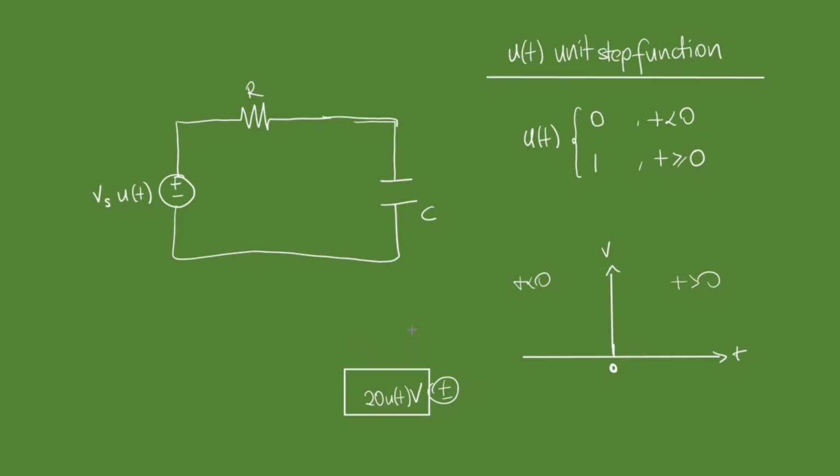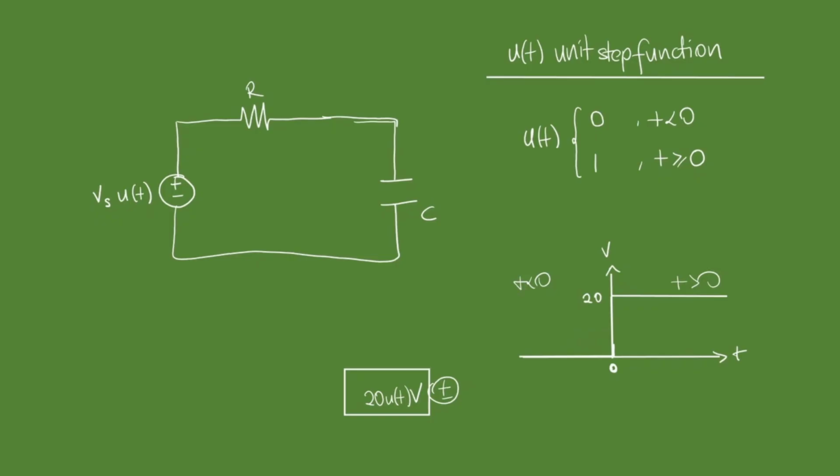So you see, it doesn't have an effect on the calculations. It's a pointer, a symbol, a tool to help us know when this is coming on and when this is coming off. So if we were to draw this, it was 0 all through. At t equals 0, it's going to come up to 20 volts and maintain that same voltage throughout.